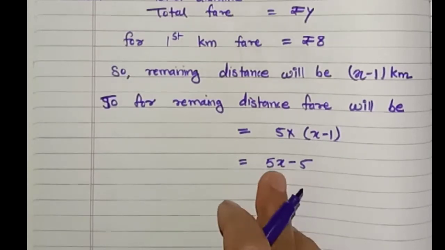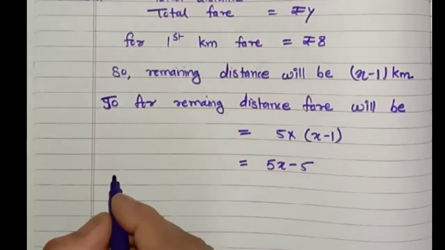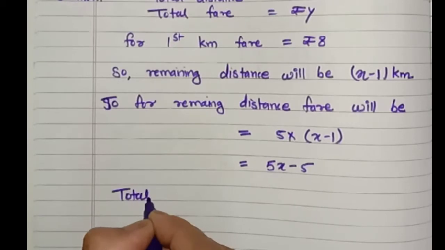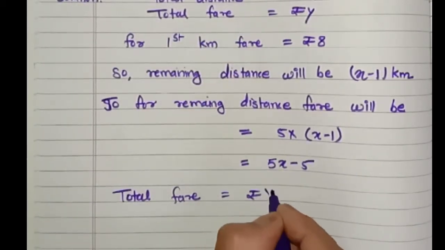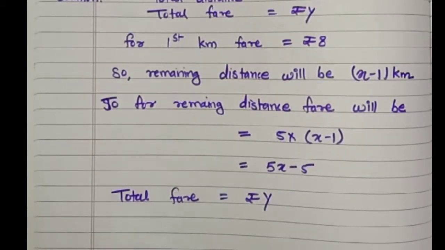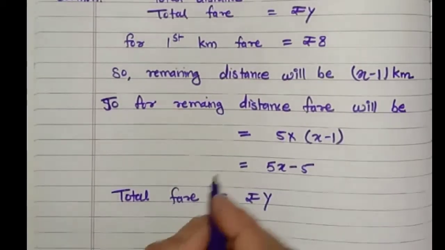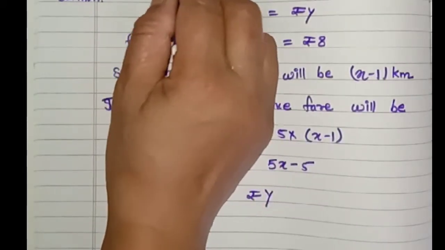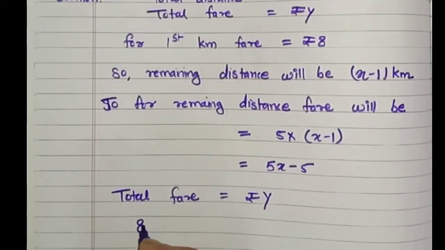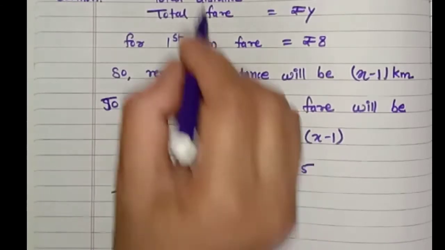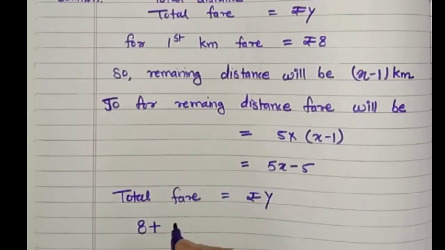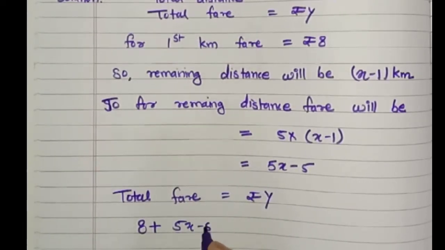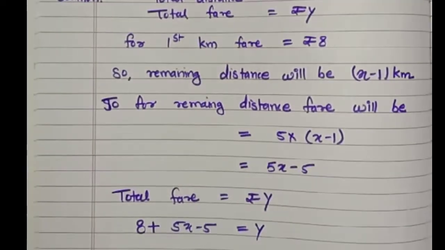Okay student, and it is given that the total fare equals rupees y. And how can we find the total fare? Total fare means the charge of the first kilometer, which is 8, plus the charge of the remaining or subsequent distance, which is 5x minus 5, and that is equal to y.